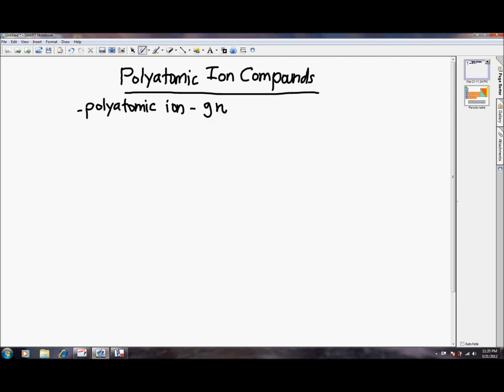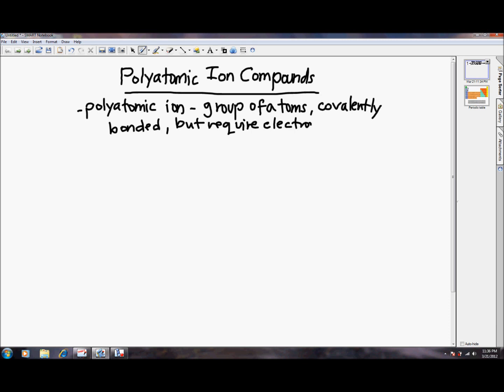This is a group of atoms that are covalently bonded, but they require electrons to complete the octets, the 8 valence electrons of all the atoms.